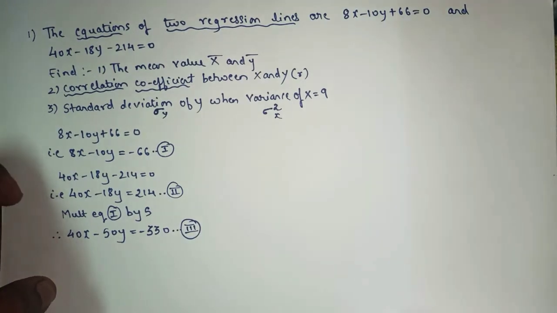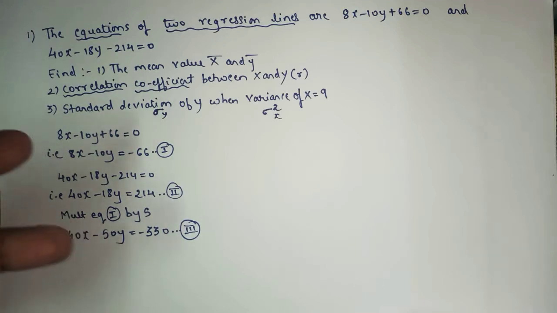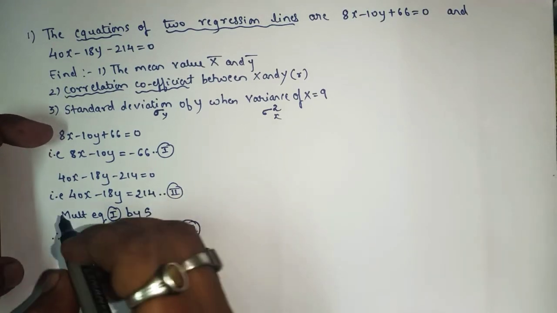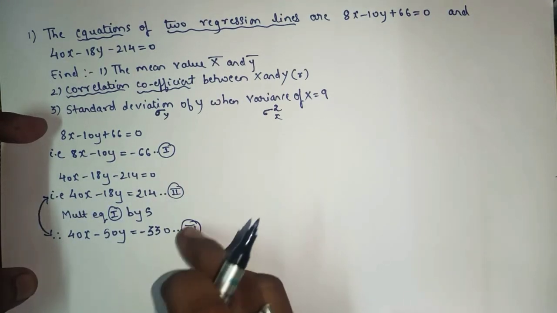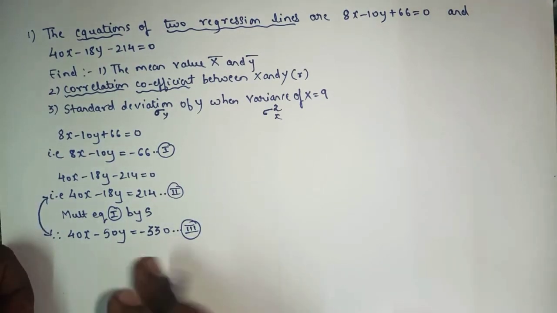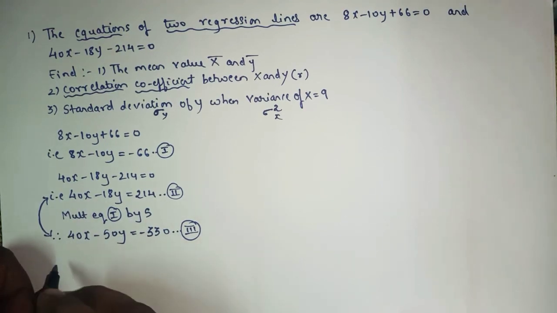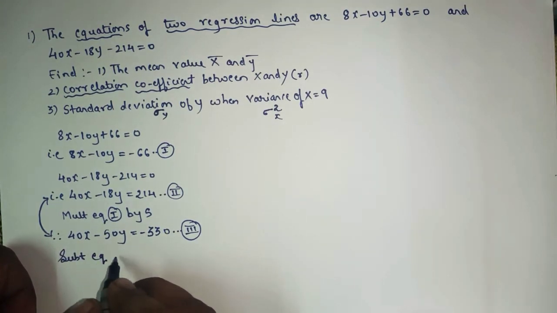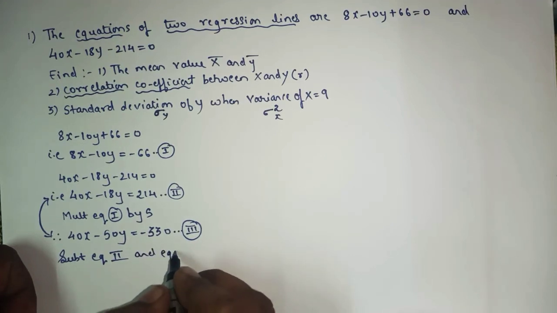Now as per the rule we have to solve any two linear equations simultaneously. Here clearly we can see that we have a common alphabet in equation number 2 and equation number 3. So we'll solve equations 2 and 3 simultaneously, as here we have plus 40 and here also plus 40. So simply I will subtract equation number 2 and equation number 3.